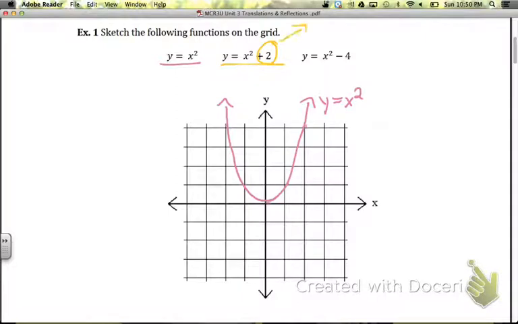This plus 2 is going to move our whole base function up 2. So each point is going to move up 2 units, and that's 2 units vertically. So we have our point now at (0, 2). Instead of (1, 1), it's now going to be at (1, 3).